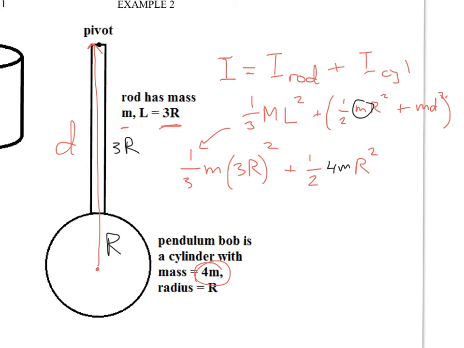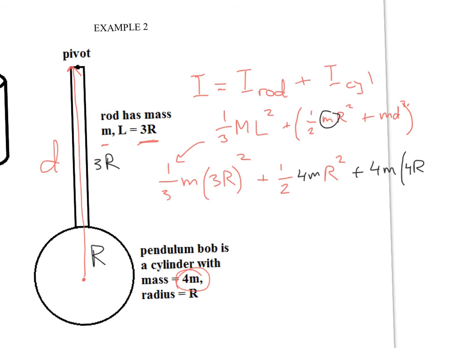So that means d is going to be 4r. So plus 4m times 4r squared. All right, so there it all is.